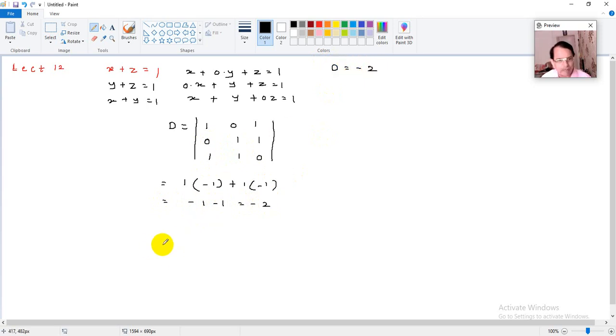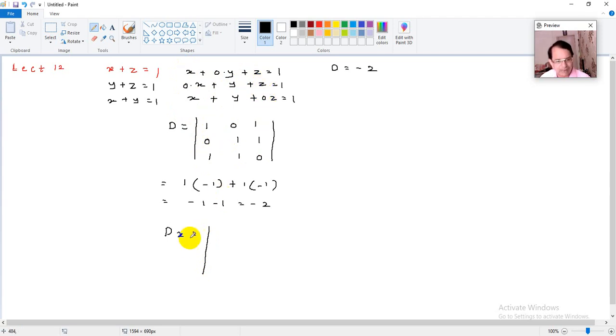Now how will we form dx? See, when you write the determinant of coefficients, the first column of this determinant is the coefficients of x. See, 1, 0, 1. Then the second column is the coefficients of y, 0, 1, 1. And the third column is the coefficients of z, 1, 1, 0.